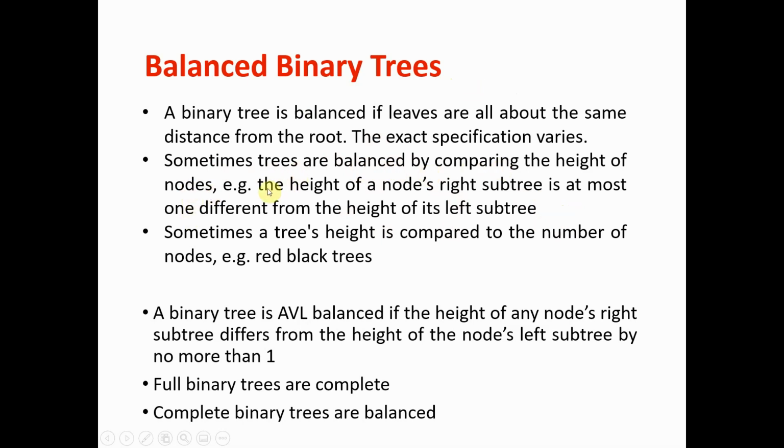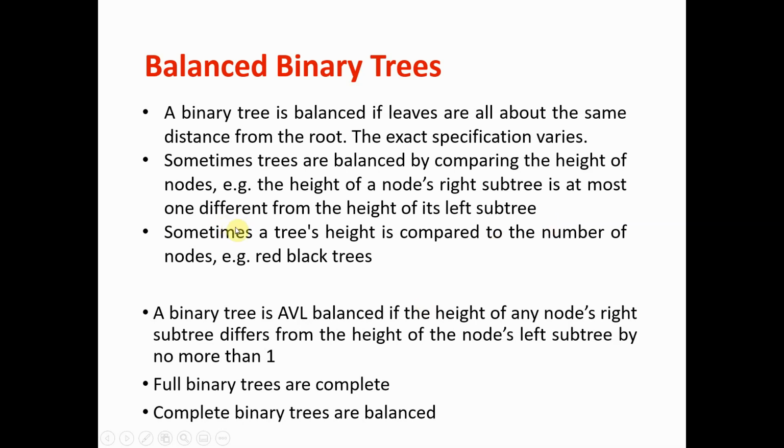We consider a tree height balanced if the height of a node's right subtree is at most one different from the height of its left subtree. Okay, I'm going to talk about this in more detail when I talk about AVL trees. And this condition should be satisfied for every single node.